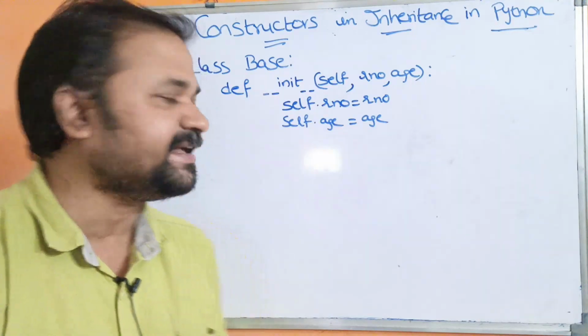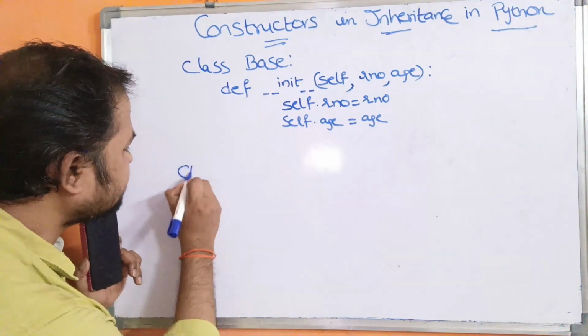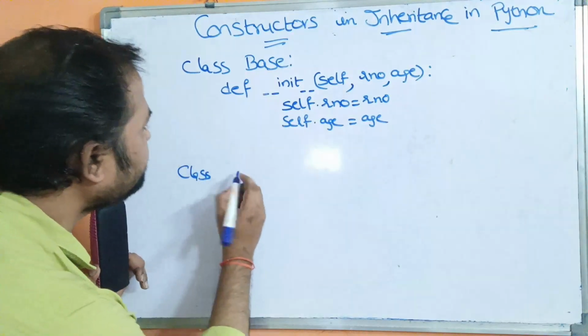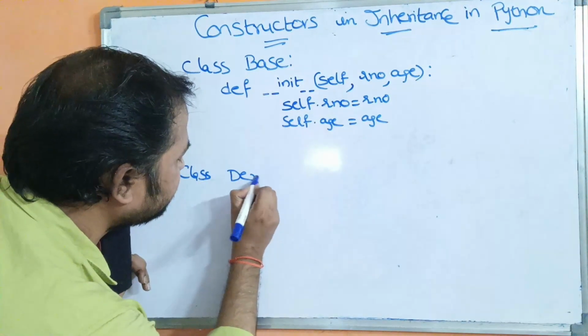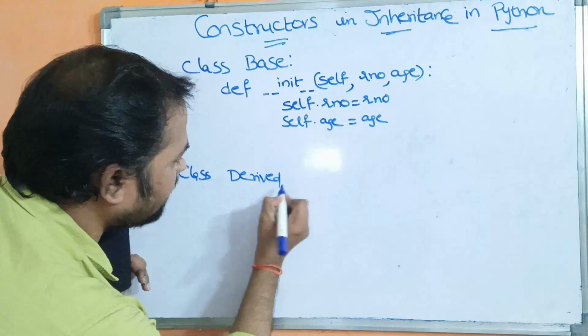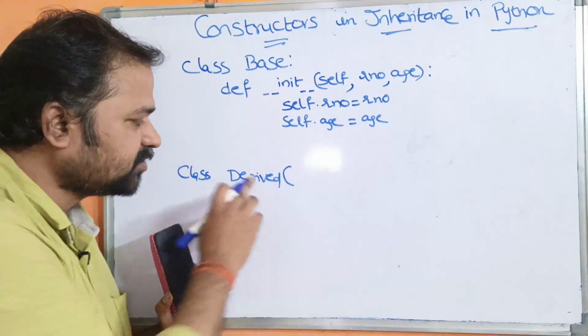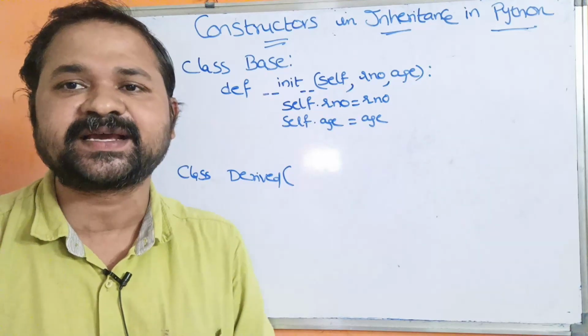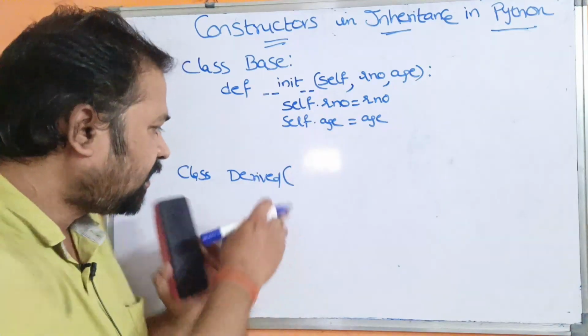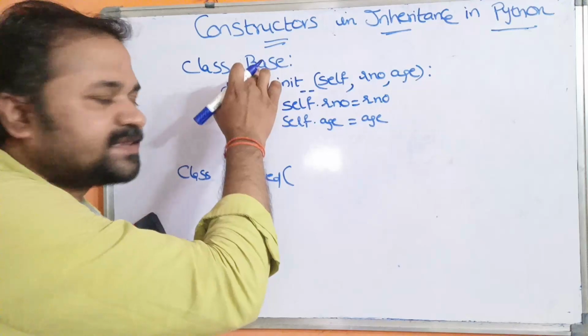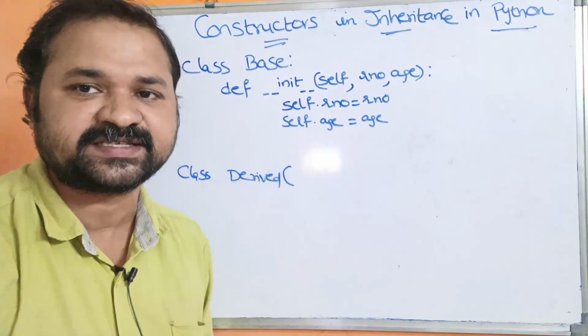Now let us define the derived class. Let the name of the derived class be Derived, with D as an uppercase letter. Here this is nothing but inheritance. How do we implement inheritance in Python programming? We have to pass the name of the base class within the parentheses.